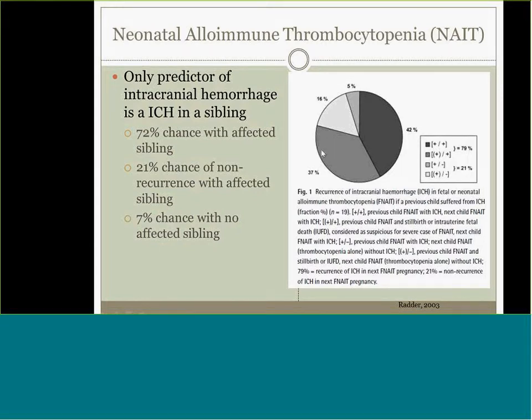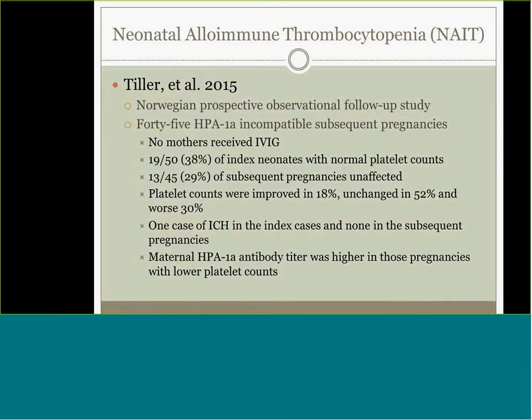And 72% of subsequent siblings ended up having intracranial hemorrhage. 1% did not. So they ran the math and said, well, if you had a sibling who had but did not have an intracranial hemorrhage, your chance of intracranial hemorrhage is only about 7%, 10% or so. That's kind of tough math.